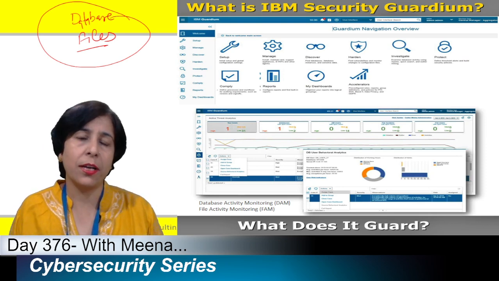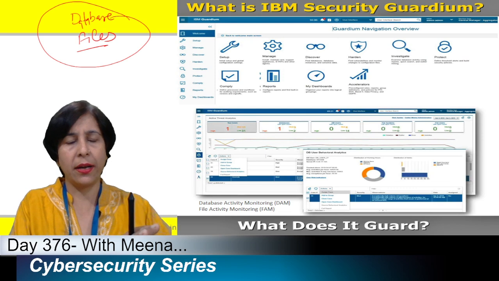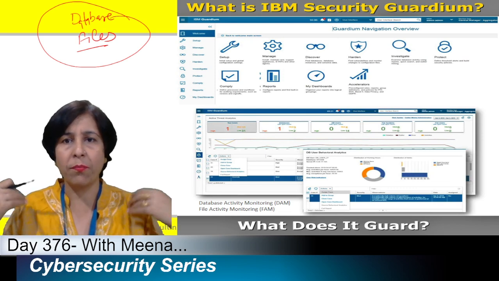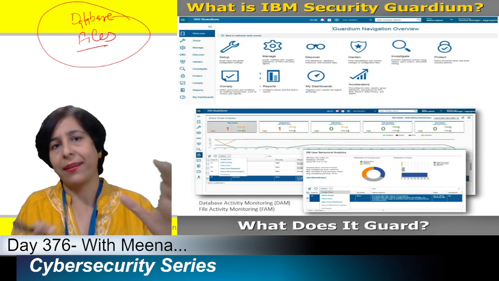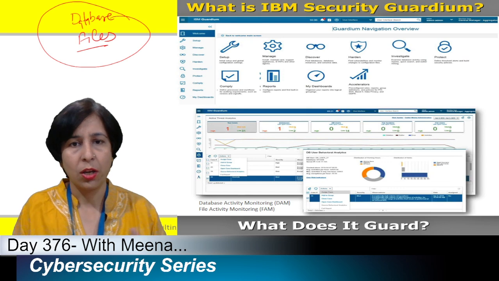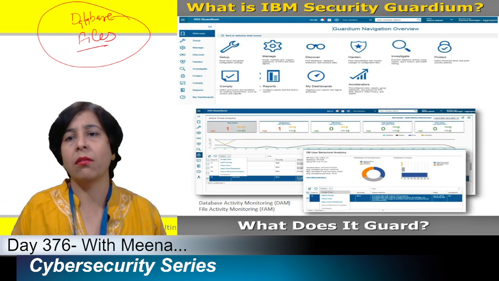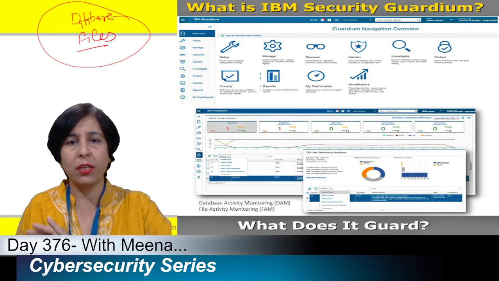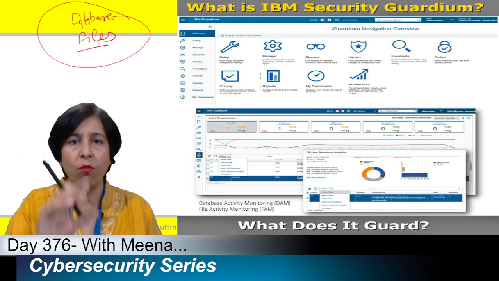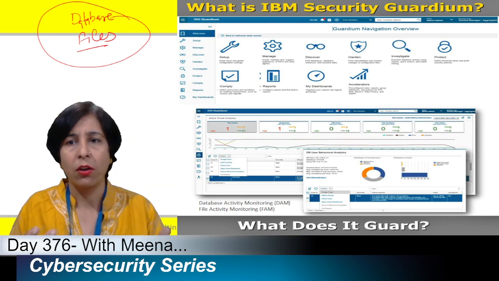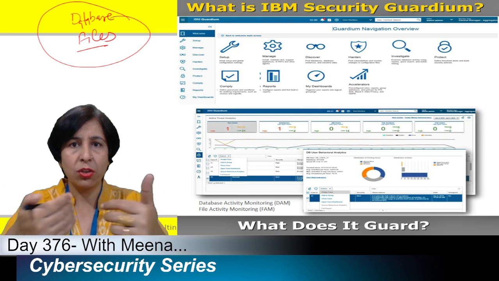First of all, we have this data, and as per our company's objective, we want to categorize it. When we implement Guardium, it starts its action and discovers what kind of data is in my scope.